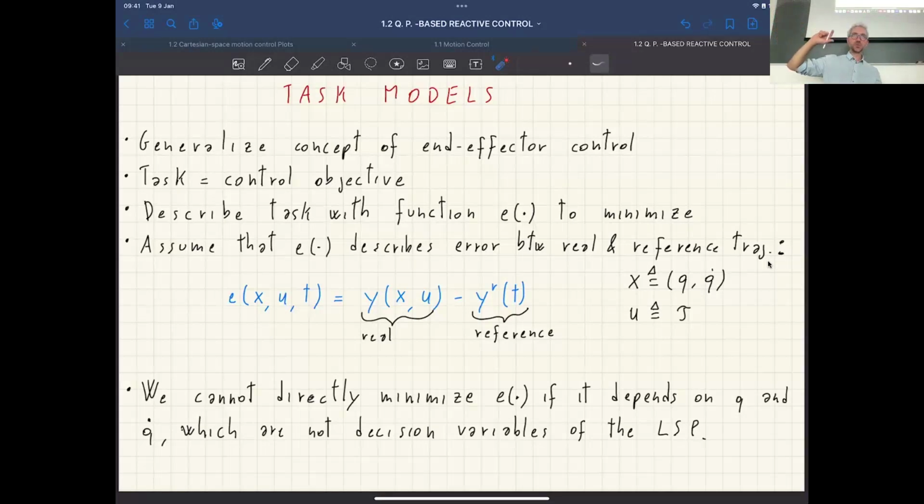So we need basically to introduce an extra step inside our formulation to transform this into something that can be minimized in my least square program. So that's exactly what we're going to do right now.